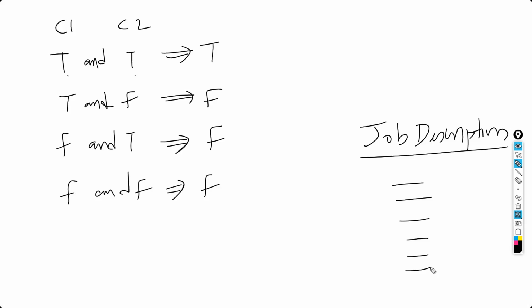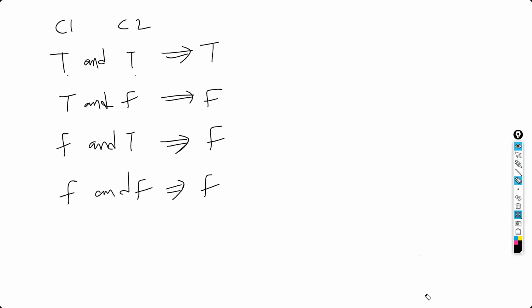Is the point clear? When the job description is asking for something, make sure all the things are an and condition. If they clearly write or, then you can choose any one of them. But if they are not writing the word or, the meaning is and. Is the point clear? This is with respect to and.